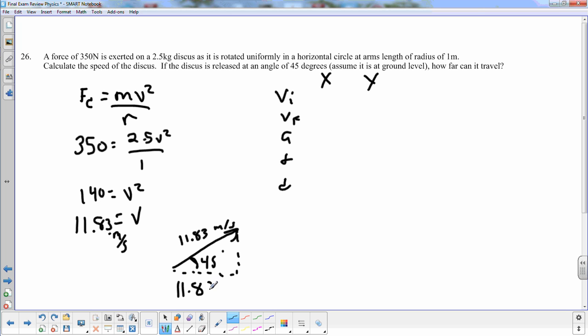I'm going to verify this, but 11.83 sine 45 is also 8.36 meters per second.